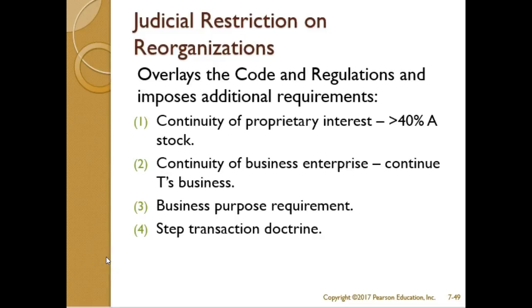Step transaction doctrine is found on page 7-42 of your book. The IRS can invoke the step transaction doctrine to collapse a multi-step reorganization into a single taxable transaction. Alternatively, the IRS can invoke the doctrine to collapse a series of steps that the taxpayer claims are independent taxable events into integrated non-taxable transactions.